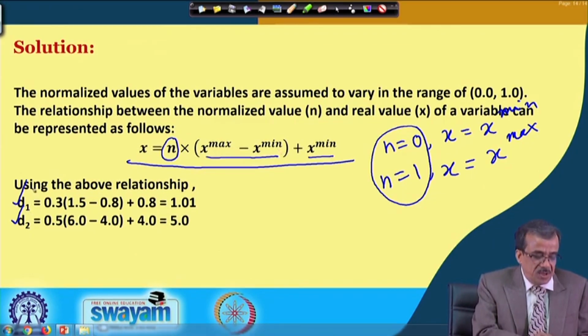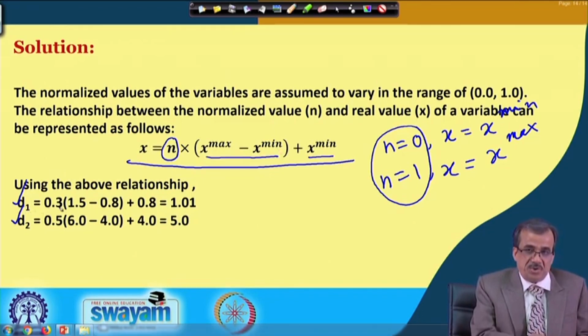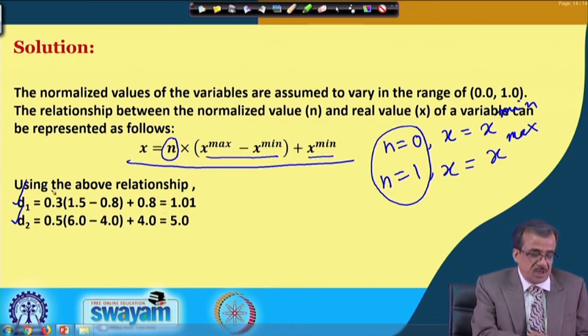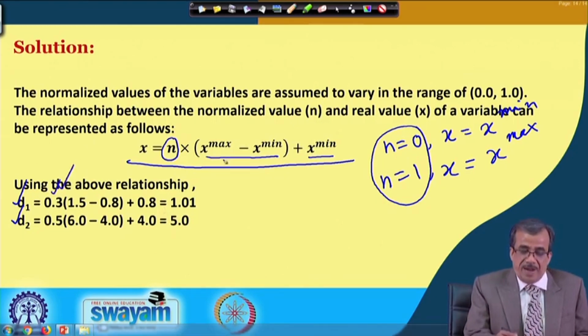Here, D1 is nothing but 0.3 multiplied by (1.5 minus 0.8) plus 0.8, because n equals 0.3, the maximum value of D1 is 1.5, and the minimum value is 0.8.